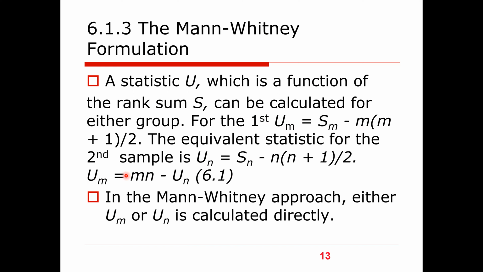Once we calculate UM, we can use this equation to get UN. Or if we get both UM and UN, we can use this equation to verify that they are correct. So we only need to directly calculate one of them, UM or UN, right? We don't have to calculate both because we can use this equation to get the other one.